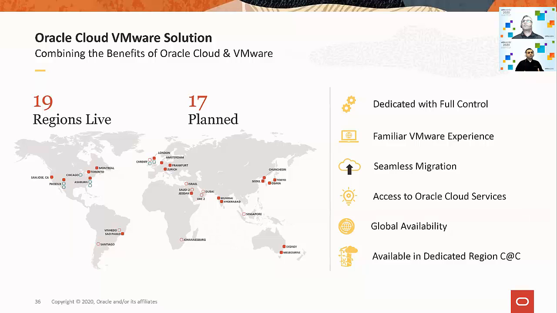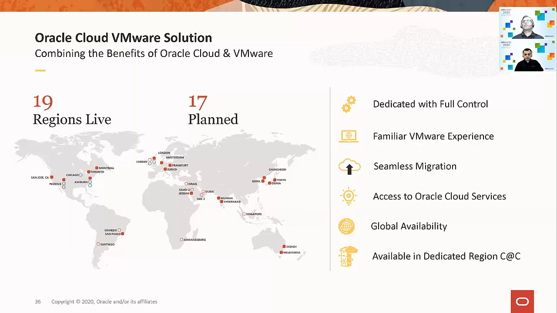You don't want to do a complete skill revamp of your resources. You want full control of your environment. You want to have seamless migration capabilities as well. And a key factor, you want global availability. Wherever you are, you want this to be available in your geographies.